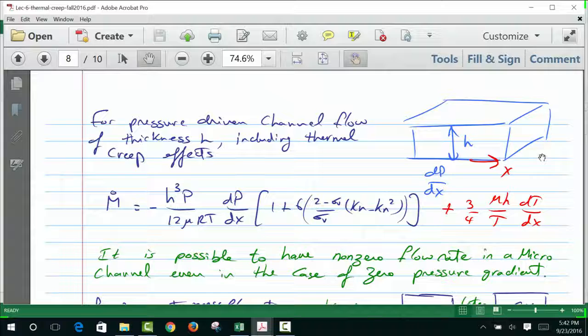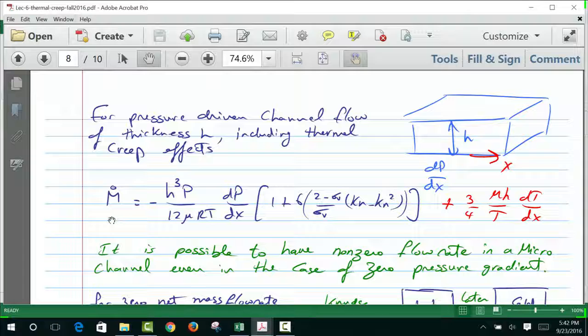So what is the m dot? This is the mass flow rate, m dot. Actually, I think it's the volumetric flow rate, not the mass flow rate. I'm not really sure if it's the mass flow rate or the volumetric flow rate. I'll check that for you. Actually, no, now I figured it out.